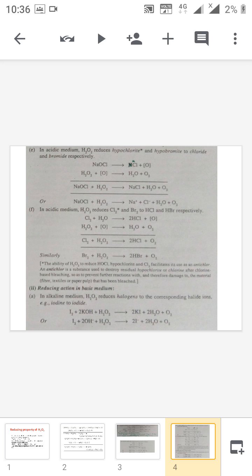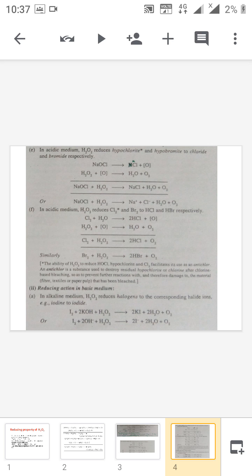Next reaction reduces chlorine and bromine to the corresponding HCl and HBr. In this reaction we can see that chlorine reacts with water to give HCl and nascent oxygen, and this nascent oxygen reacts with hydrogen peroxide to give water and oxygen.